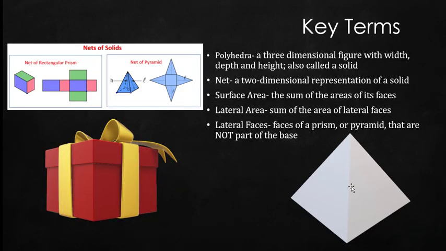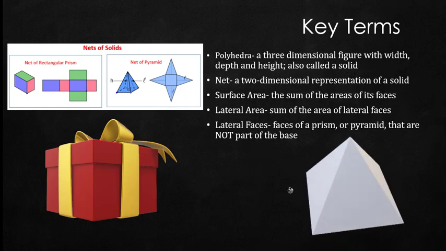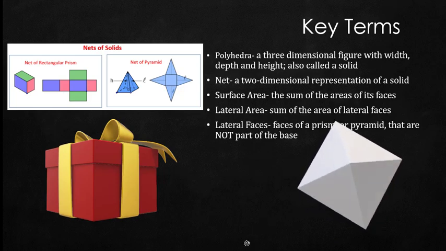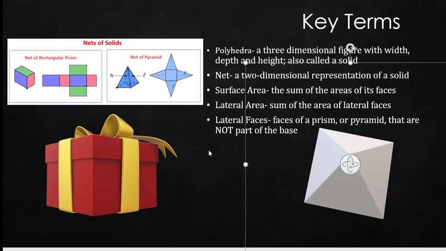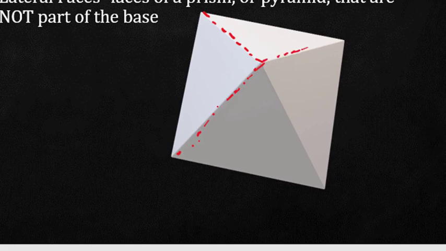Now here we see the net of a pyramid. So if we were to cut this pyramid down all of its edges, so imagine if we were to take a set of scissors, and where you see those dotted lines, if we were to cut all of those, and then we were to lay this flat, it's going to consist of 4 triangles and then the base.